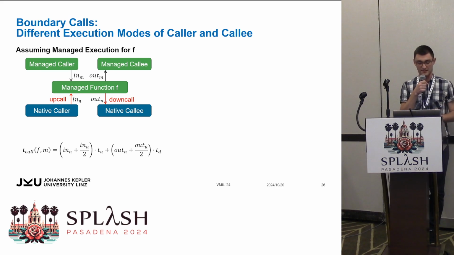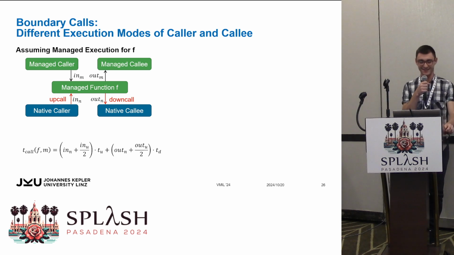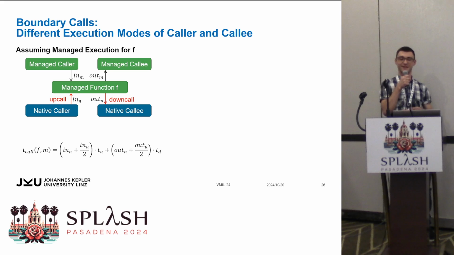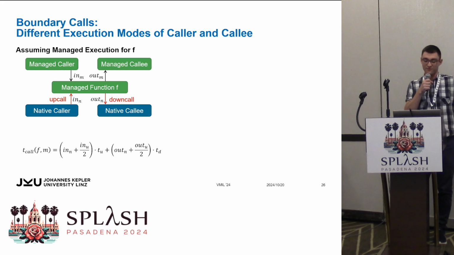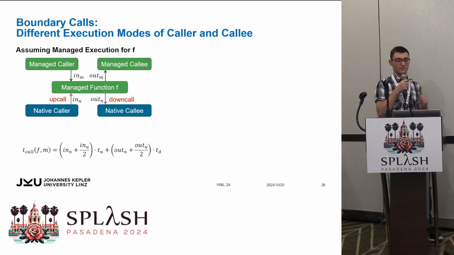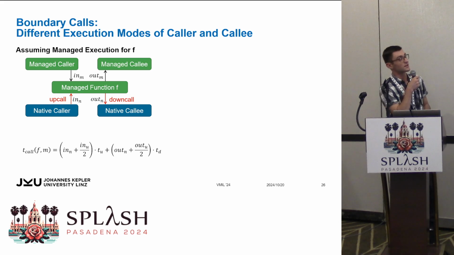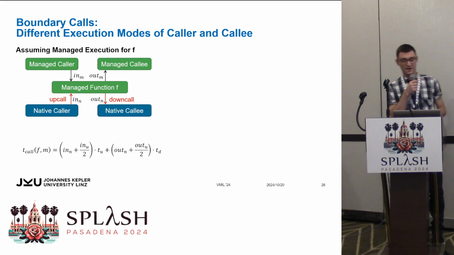It's just calculating the time. And here there are 2 variables, in u and out u, which I have not explained yet. This is the number of functions still undetermined, because we still have functions where we don't know how we want to execute them. For them, we just assume that half of them will be managed and half of them will be native. And this is where these terms come from.